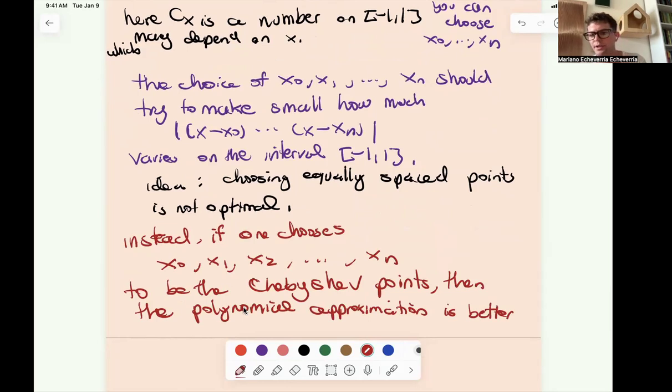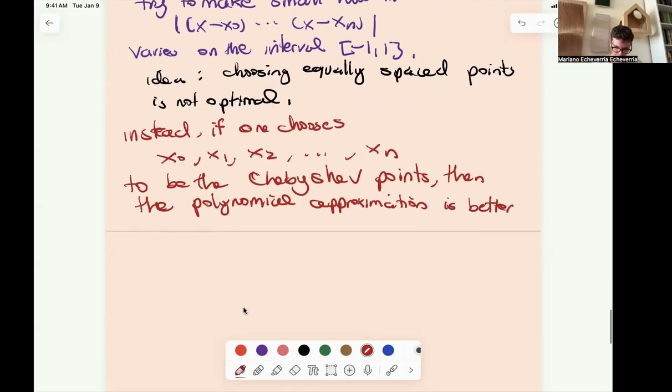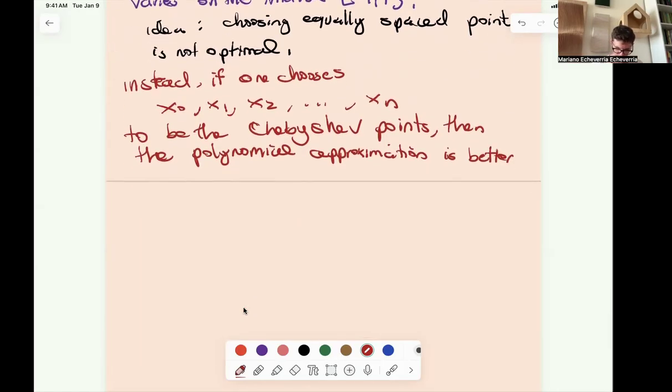So what are these Chebyshev points? There are actually two kinds, but I'm always going to use the same one, so I won't try to distinguish them. There are Chebyshev points of the first kind and of the second kind, just like there are Chebyshev polynomials of the first and second kind, but I always just use one of them.